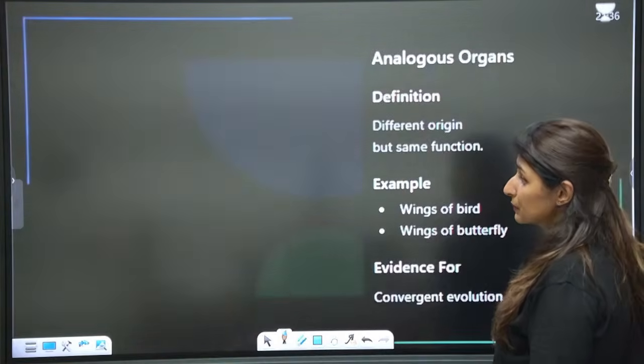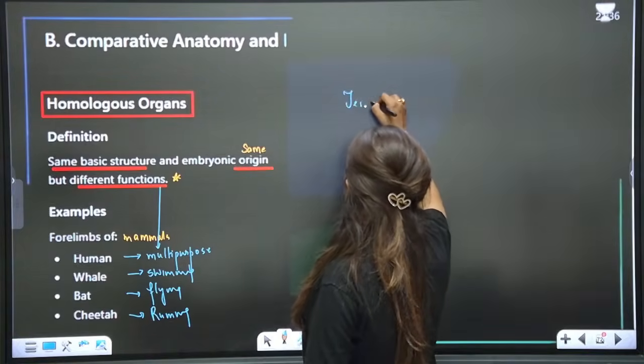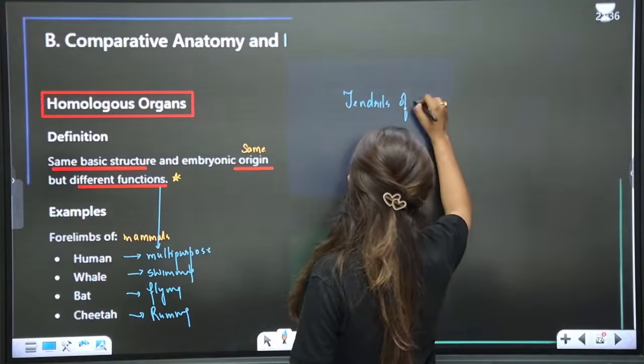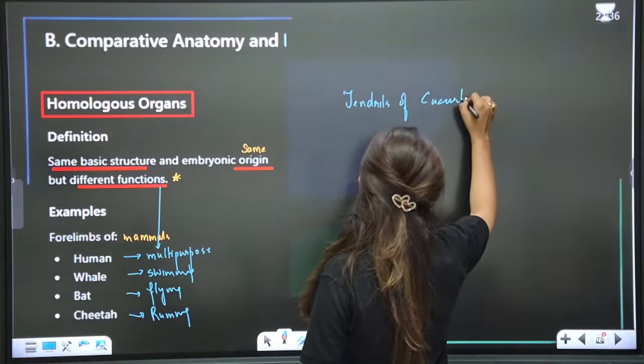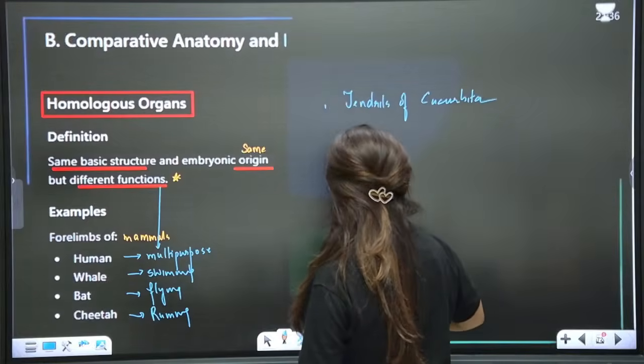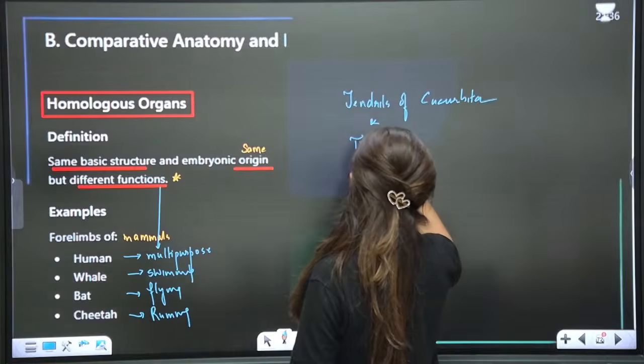Is that clear? Then in plants we have tendrils of Cucurbita and thorns of Bougainvillea.